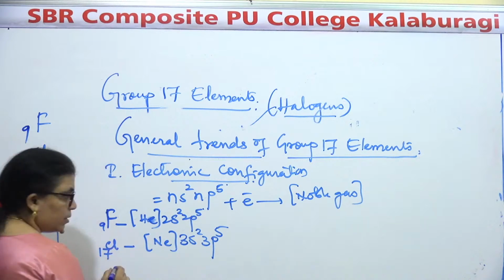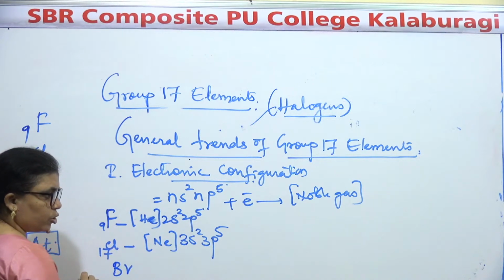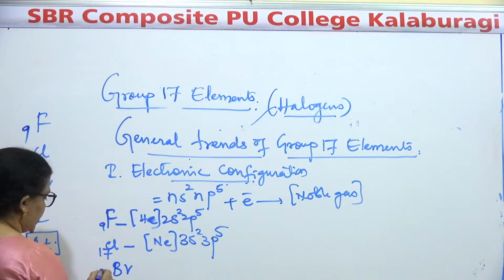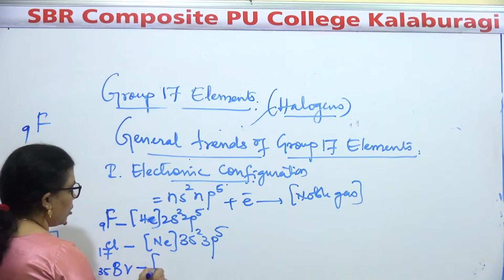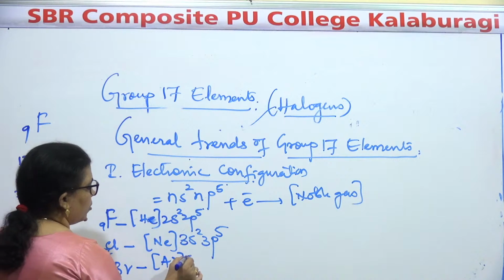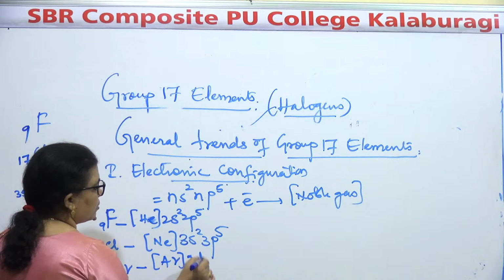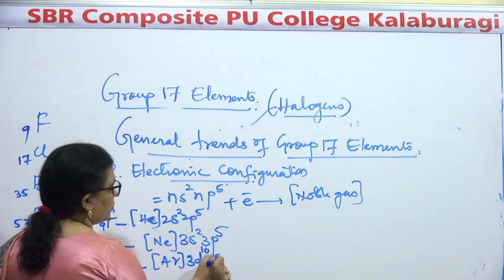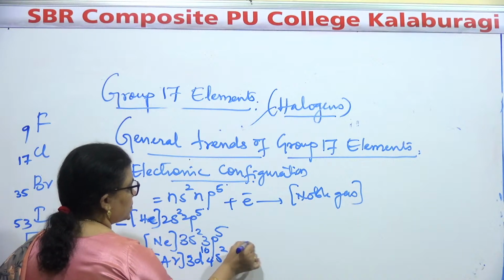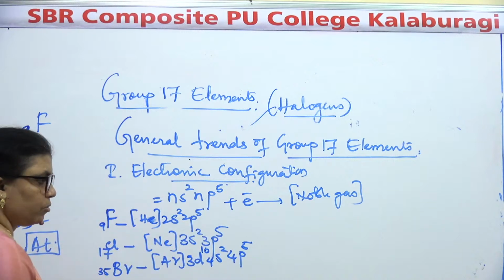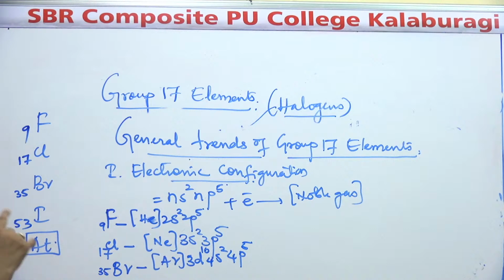Bromine, we can write it as 35, argon 3d10 4s2 4p5. Down the group, we increase the principal quantum number one by one.